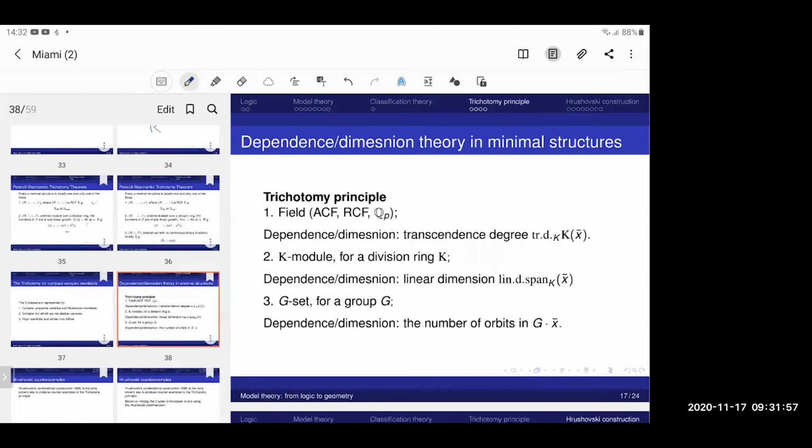So this actually plays a very important role because we use those to characterize so-called combinatorial dimensions that sit on these minimal structures in each case.